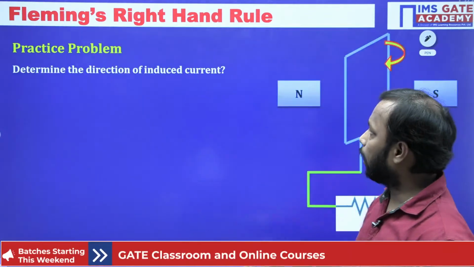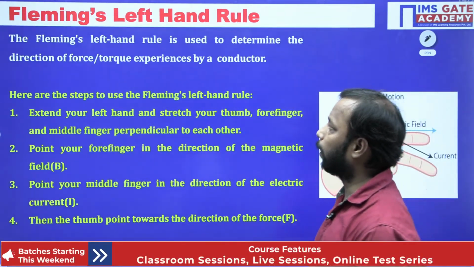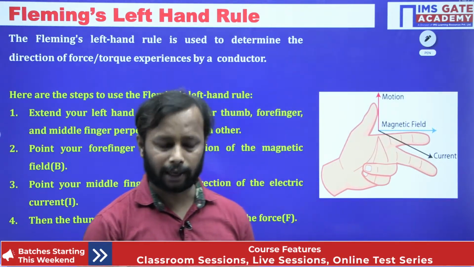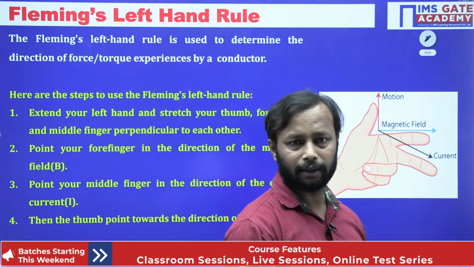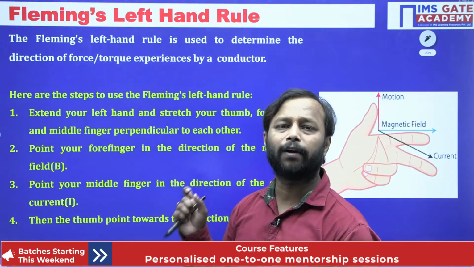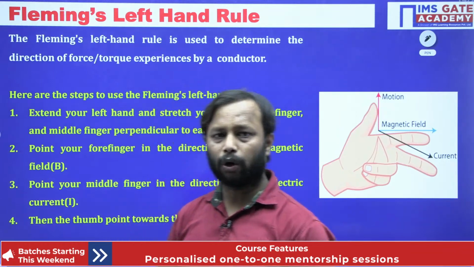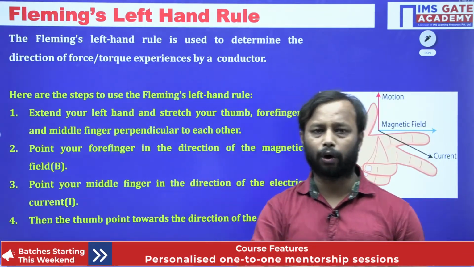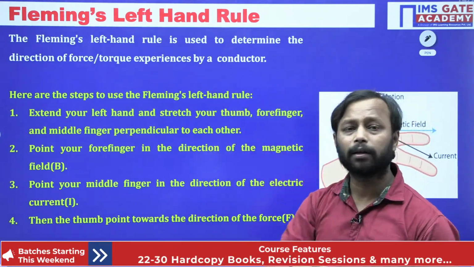Whereas in the Fleming left hand rule, whenever a conductor is carrying a current and is placed inside the magnetic field, it will experience a torque. To find the direction of that torque or force, we use the Fleming left hand rule.